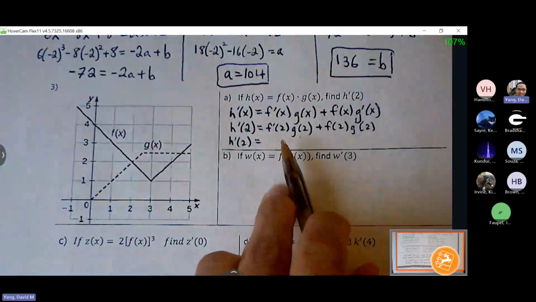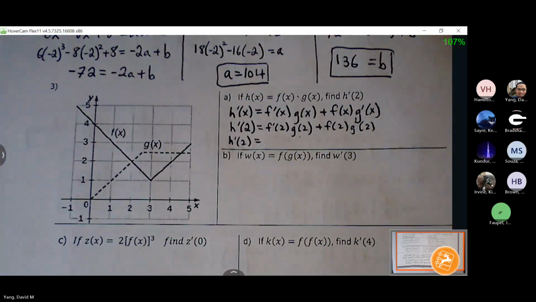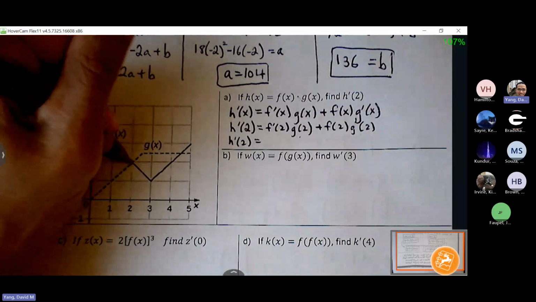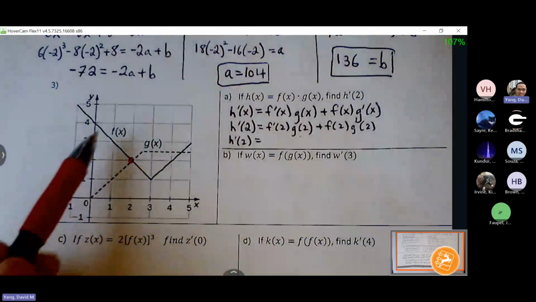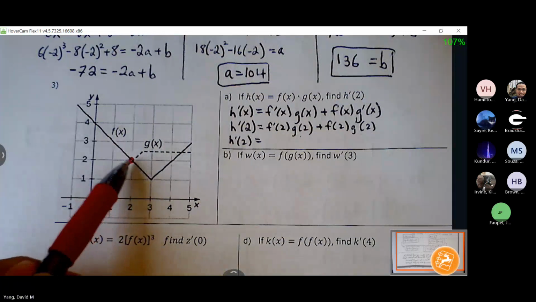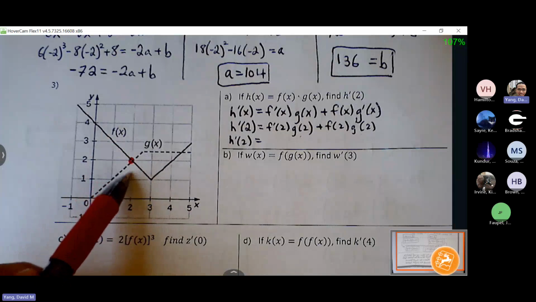Okay, so f prime of 2 is asking for the slope of the f graph at 2, and the slope of this f graph is a negative slope. Pick 2 points here. I go down 1 over 1.